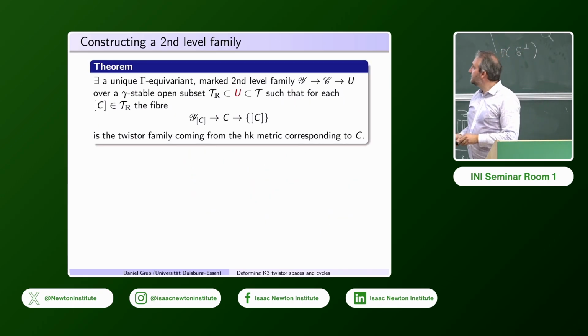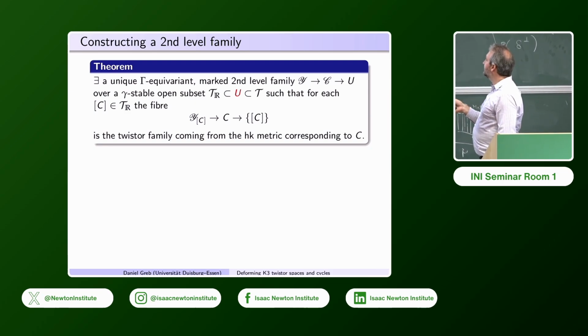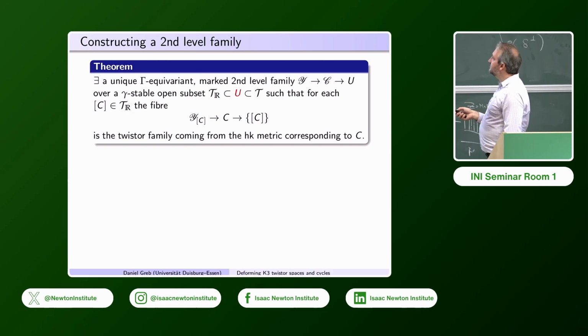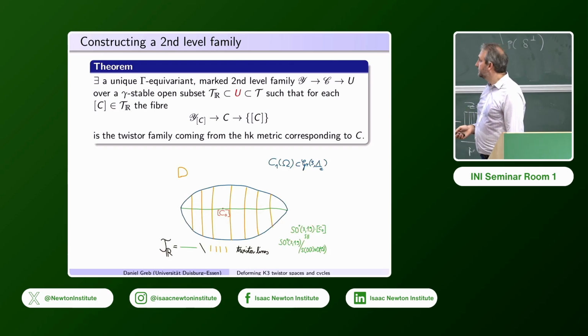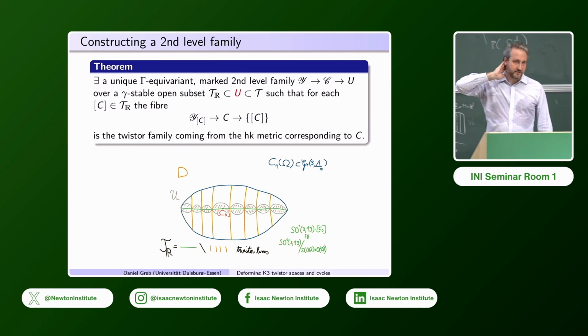So there exists a unique gamma-equivariant marked second level family over a gamma-stable open subset U containing the twistor lines, such that for each point lying in the twistor line subspace, the fiber that you get is the twistor family corresponding to this line. Yeah? So this is roughly how this looks, this gray thing.